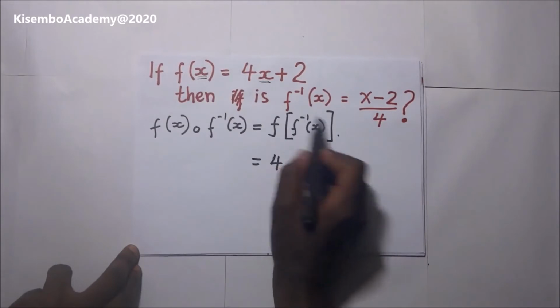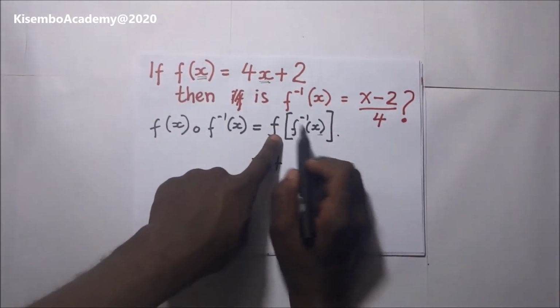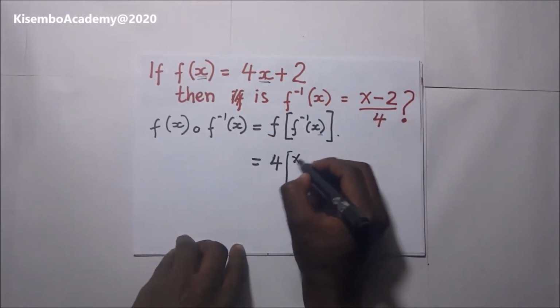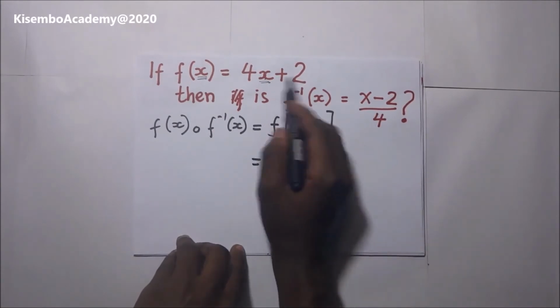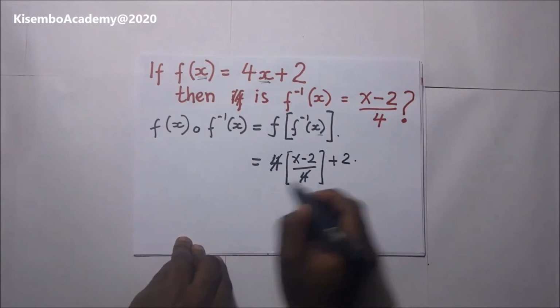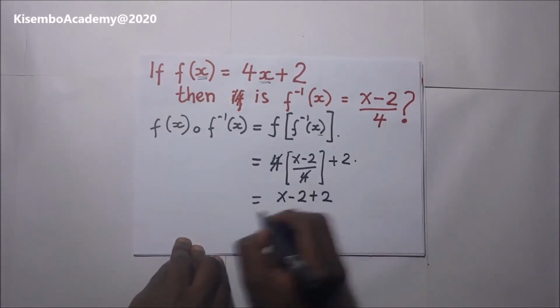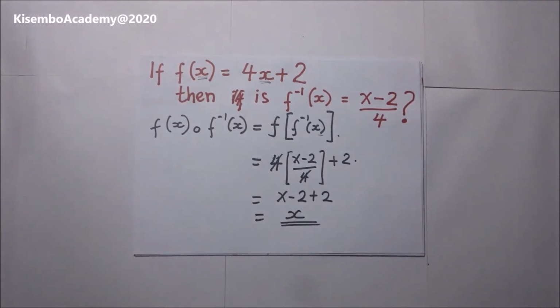So we put f of (x minus 2, divided by 4) times 4, plus 2. From here the 4 cancels out with that 4, and we remain with x minus 2 plus 2, and we end up with x. So that's the first bit.